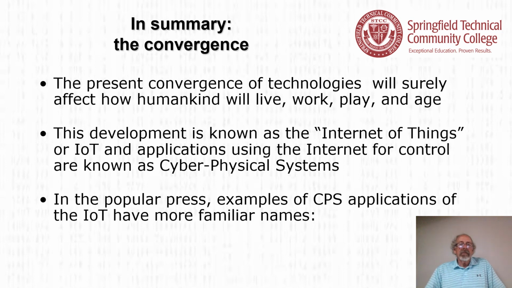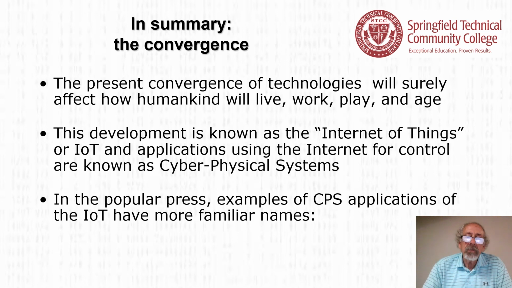So in summary, the convergence. The present convergence of technologies will surely affect how humankind will live, work, play, and age. This development is known as the Internet of Things, or IoT, and applications using the Internet for control are known as cyber-physical systems, as long as they are real-time control systems.